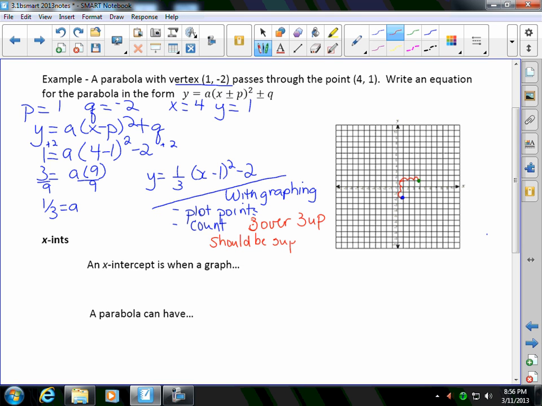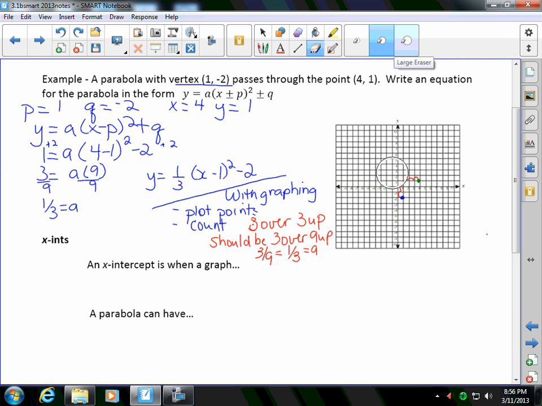And what we should be going is, if we go 3 over, we should be going 9 up. So that means we did 3 over, 9 up, which means our a is 1/3. So really for this one, instead of going in the direction I did here, I should have done my overs first, and that's just to keep it a little less confusing. So it should have been 1, 2, 3 over, and 1, 2, 3 up.